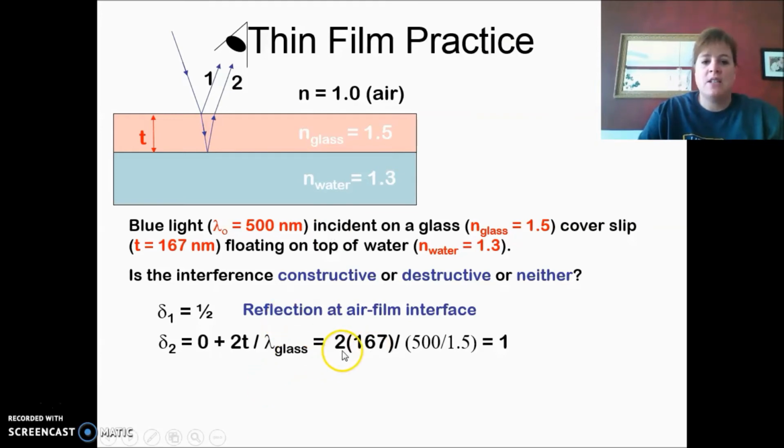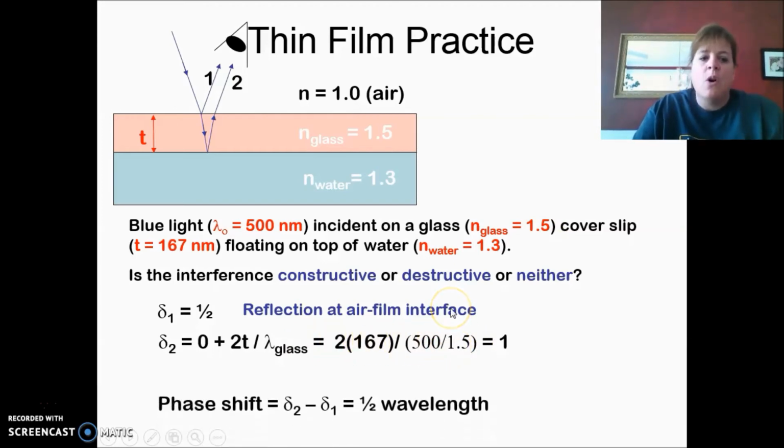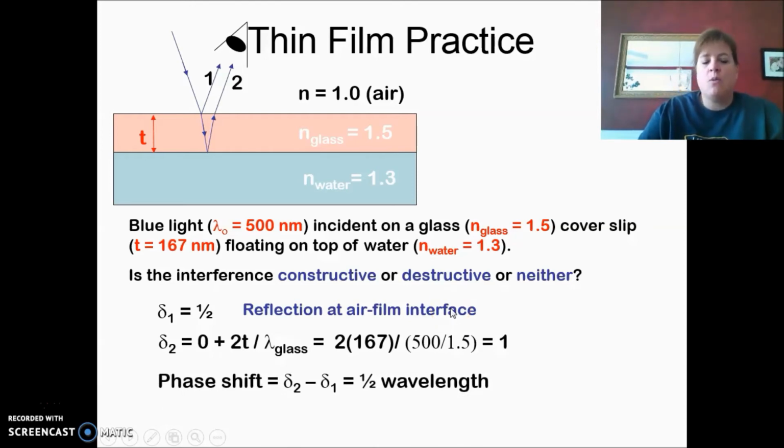So that means I take 2 times the thickness they provided, 167, and I divide by the wavelength in the glass. So take your 500, that's blue light, divide by the refractive index of glass. And when you do that, you get 1. It's pretty much close to 1. So 1/2 minus, or 1 minus 1/2 is a half, which means hopefully you said destructive.